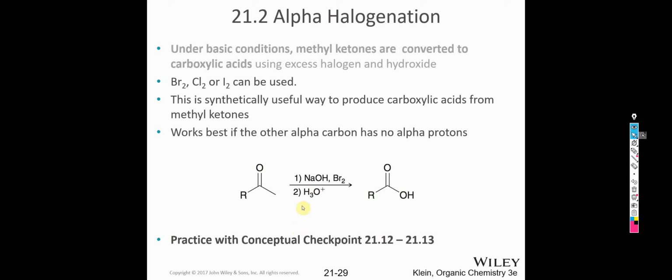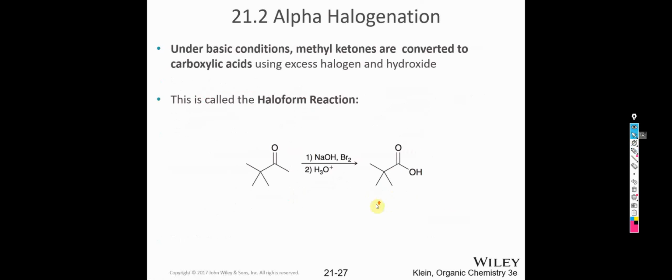Okay, so that's that. And this reaction, the haloform reaction, works really well when the other side does not have a hydrogen that could be removed for substitution, right? As you can see here, if you have 3 methyl groups here, there is no alpha hydrogen here, which could be deprotonated to substitute a bromine.